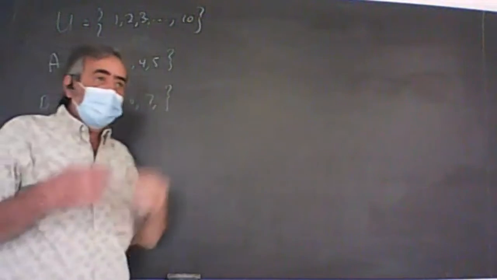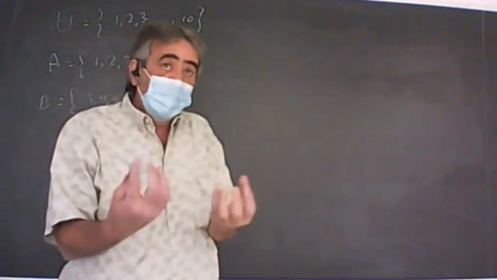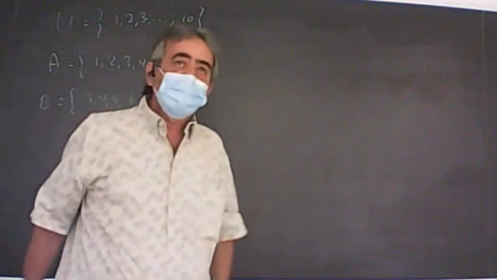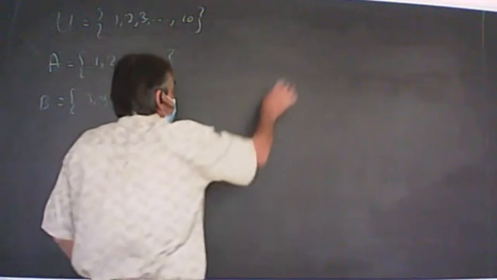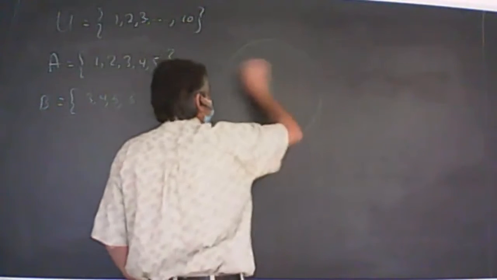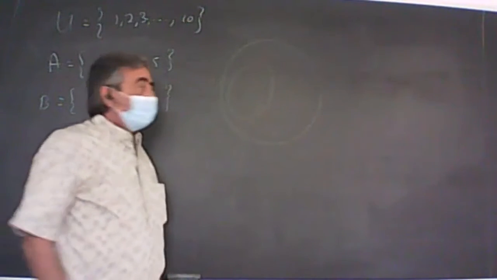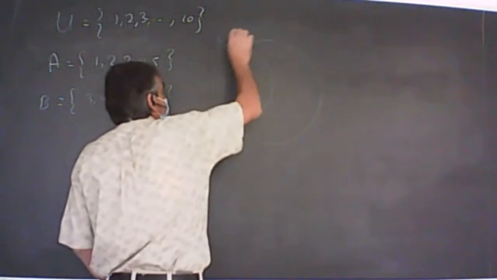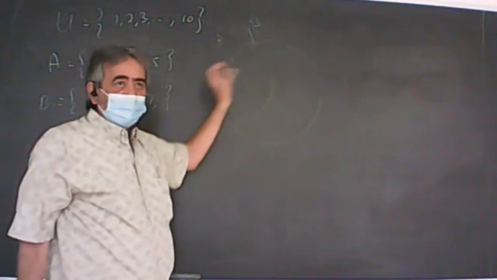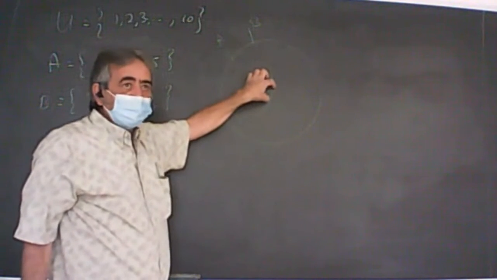When we have a Venn diagram and a set is a subset of another, the graph of the subset will go inside. So for instance, if this is B and this is A, if I represent A in here, B in here, then A is a subset of B. You know that for sure, right? Because all of circle A is inside B.